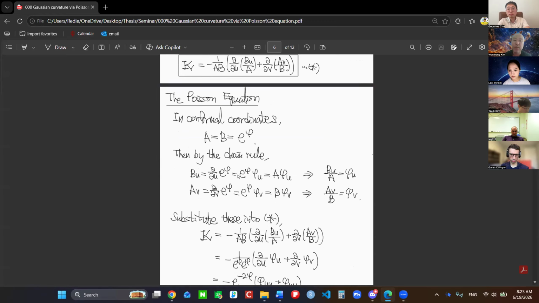Then by the chain rule, we can get a partial derivative. So B partial U is like this way.